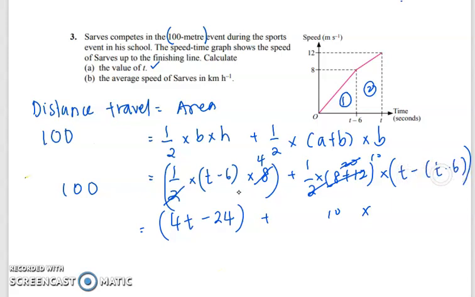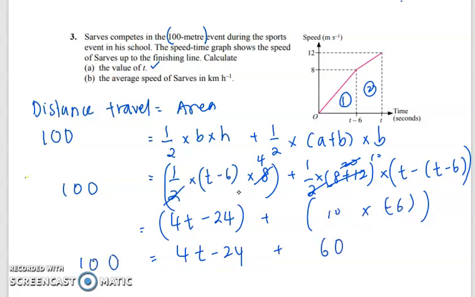Okay, so t minus t, 0 minus 6, and minus 6 will become plus 6. Okay, positive 6. So 4t minus 24 plus 10 times 6 is 60.